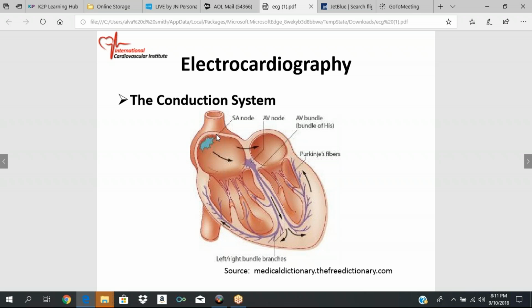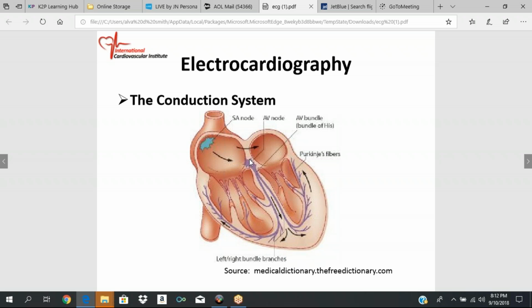So again, the SA node is located at the junction of the superior vena cava with the right atrium, and the electrical impulse is generated in the SA node. It travels through the atrium, and as it comes down the atrium, there are some specialized fibers located in the atrium that allow easy transit of the electrical impulse, and it also moves from the right to the left.